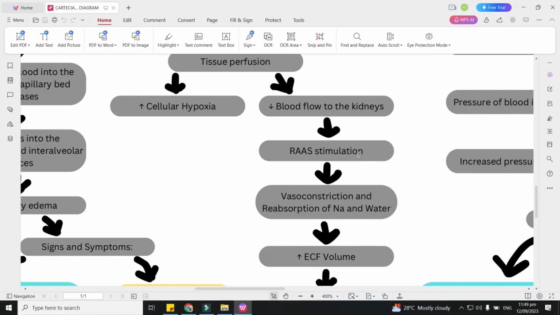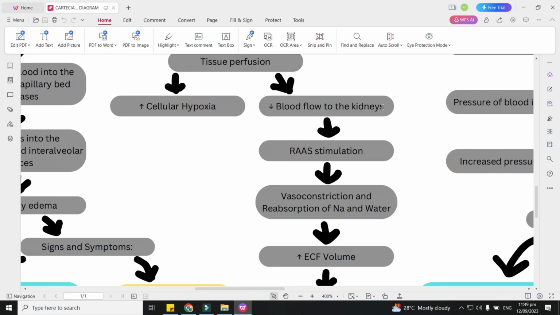So let's just focus first on RAAS. So RAAS, what happens? Lower blood flow to the kidneys. To compensate, our body releases renin. Specifically, renin is released from the kidney. And then, after that, our liver also releases angiotensinogen.